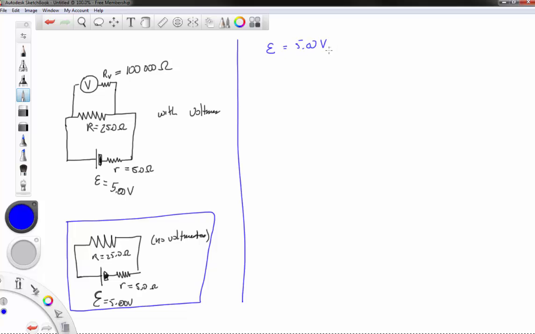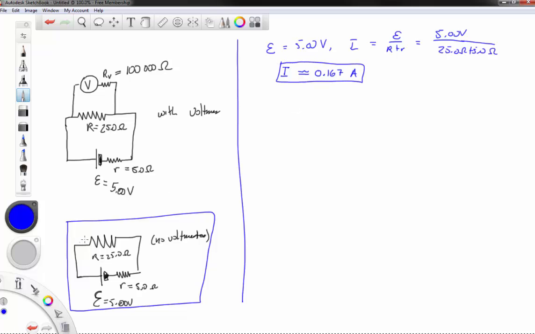So no voltmeter case, we have epsilon equal to 5.00 volts. Current, of course, is epsilon divided by R plus r. So that's 5.00 volts divided by 25.0 ohms plus 5.0 ohms. So that is basically 1/6 of an amp. So the current is approximately 0.167 amps.